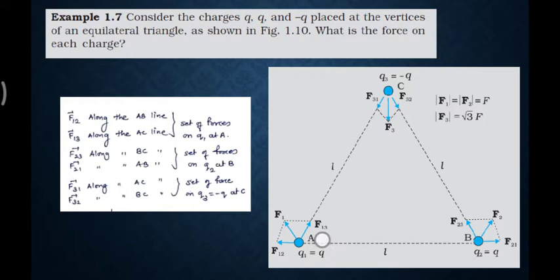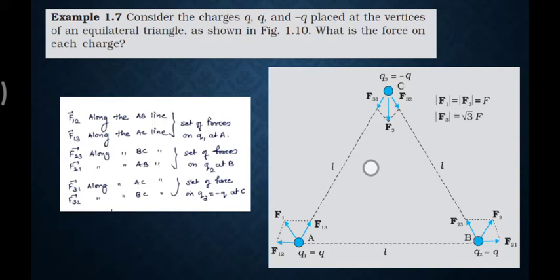Up to now, in what we have discussed, we drew the force arrows in the opposite manner. But here in the first case we have an attractive force. That's why you can see the arrow is towards the other charge. Two bodies attracting each other feel an inward force.